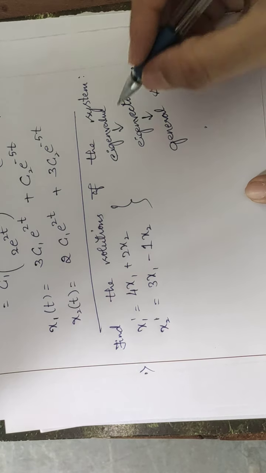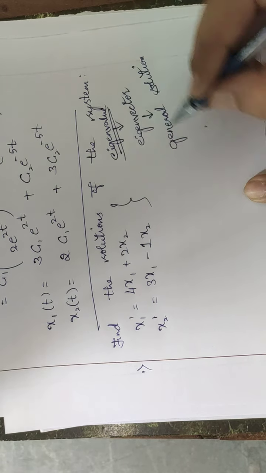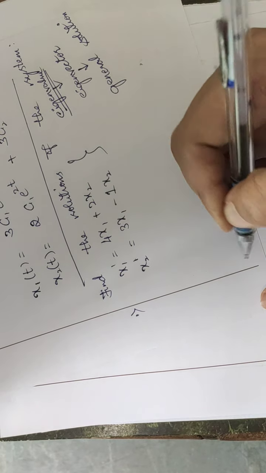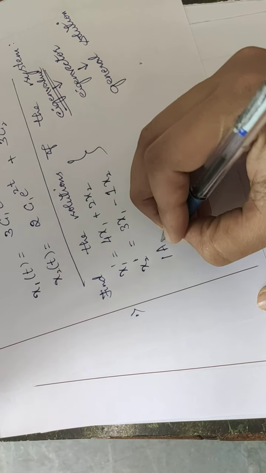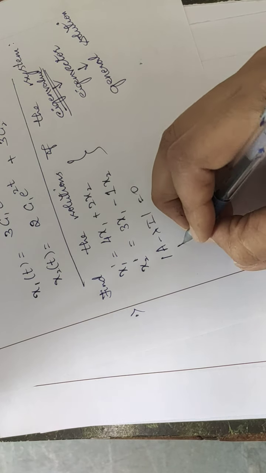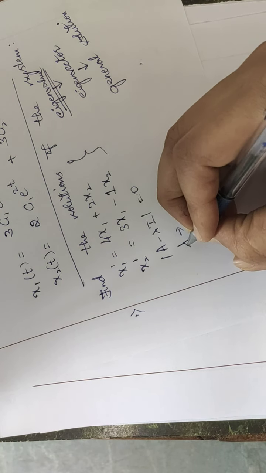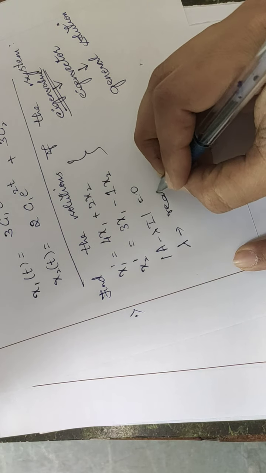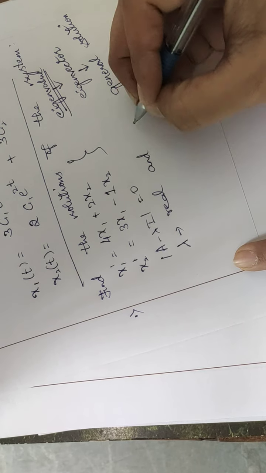If you find the eigenvalues using determinant of A minus lambda I equals 0, we will come across three types of eigenvalues. One is real and distinct.